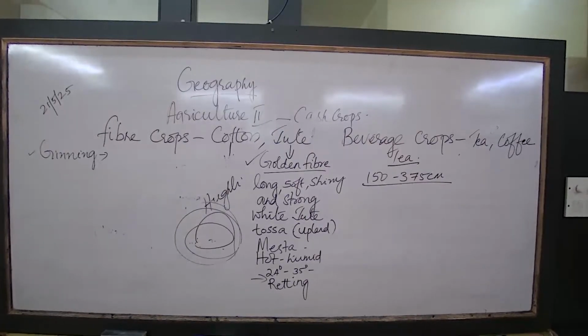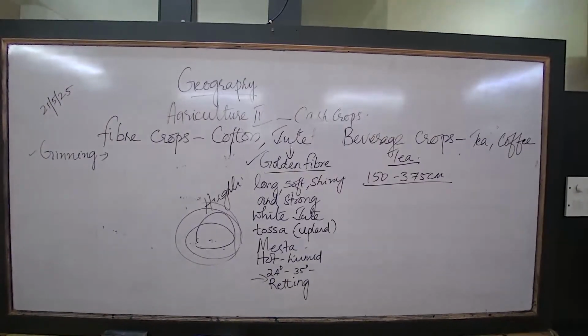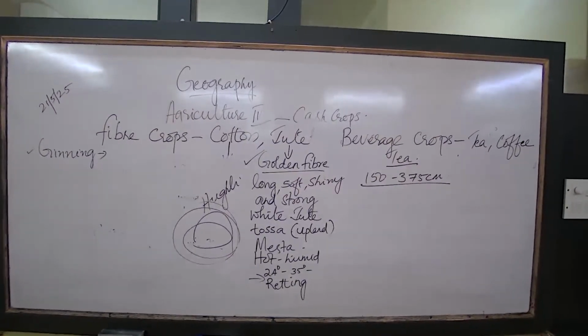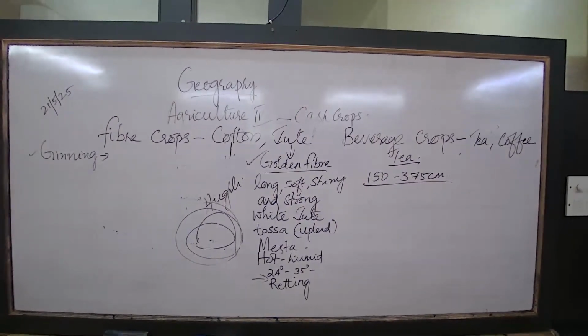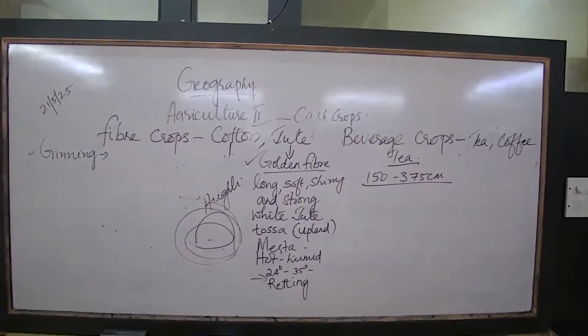Then only can coffee be prepared. Sometimes marketers or businessmen add one more product along with it, called chicory, along with the coffee powder.